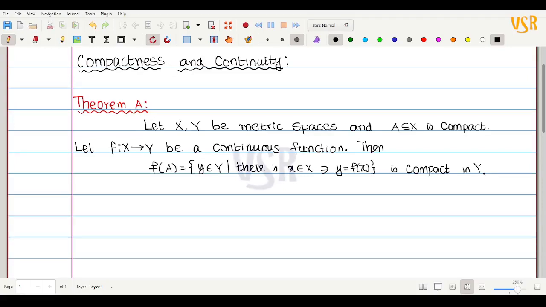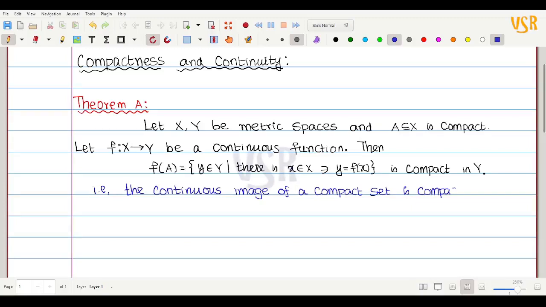To say the whole theorem in a single line, we can write that the continuous image of a compact set is compact.